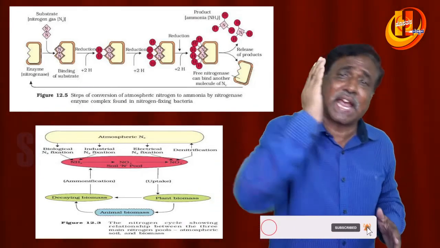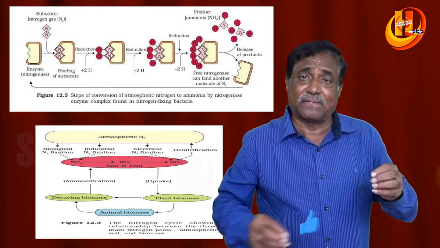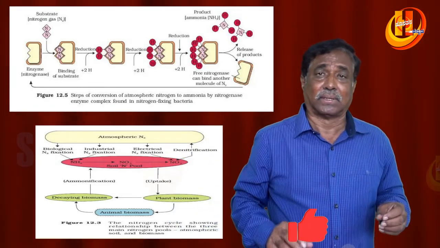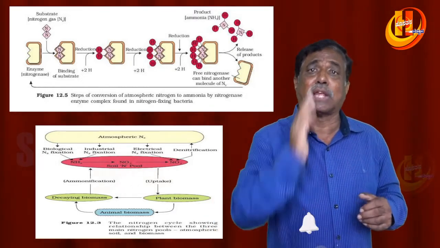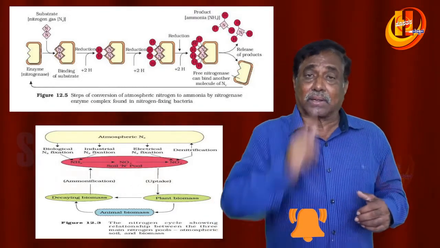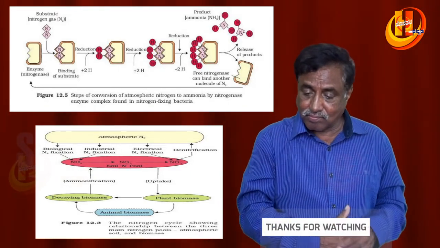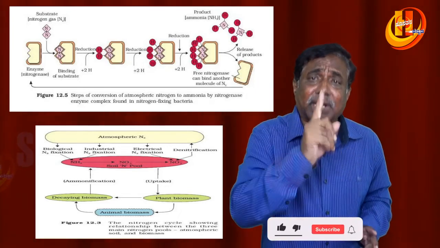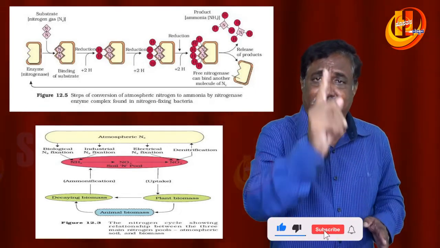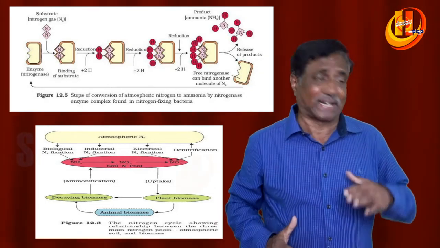This nitrogen, which has reached the soil in many ways, will be converted into ammonia. This is very important. Conversion of the nitrogen into ammonia is called ammonification. This takes place because of the enzyme called nitrogenase. That is very important, not because of bacteria as we have previously studied in many books.